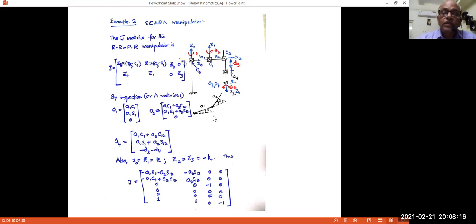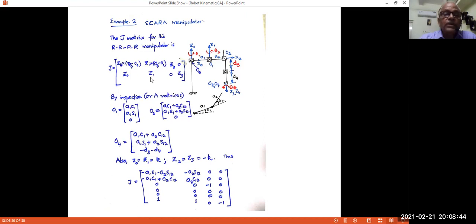Similarly, A1S1 plus A2S12, and the Z component will be 0 at this point. The only difference for O4 is that it is down along the Z axis by a distance d3, d4, minus d3, d4. Otherwise, x and y components are the same as O2. So these two are the same. Now you have all the data necessary.